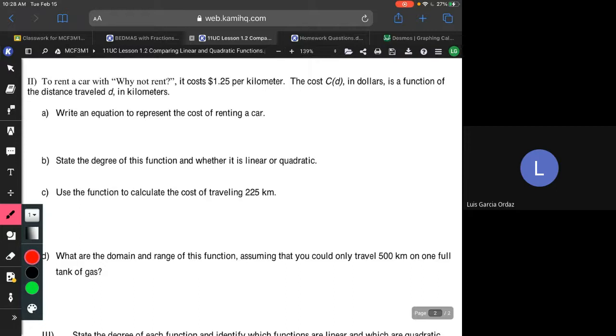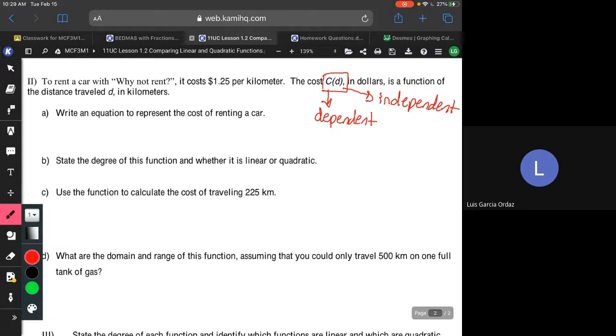So this is called function notation. The dependent variable is the big letter, so C is your dependent variable because it's the cost. And your lowercase letter is going to be your independent variable. So it's basically read as the cost in terms of time or in terms of distance.